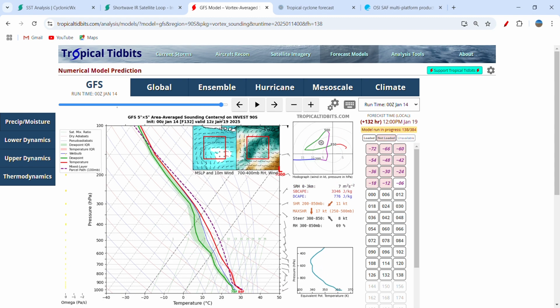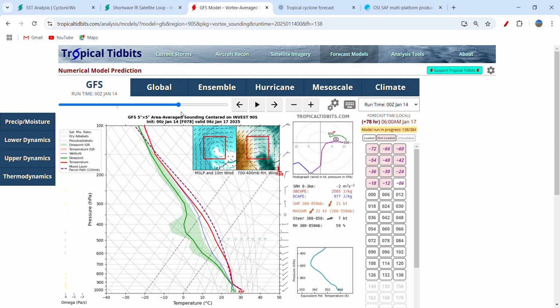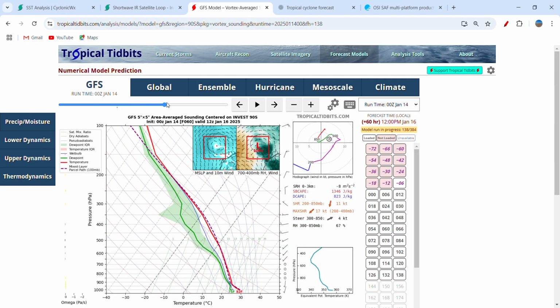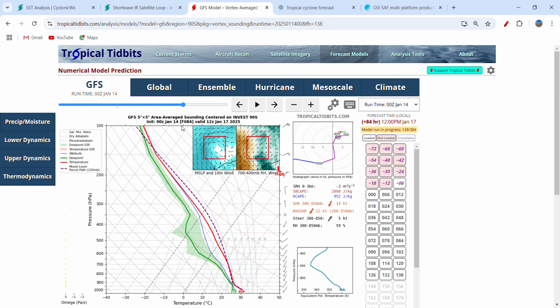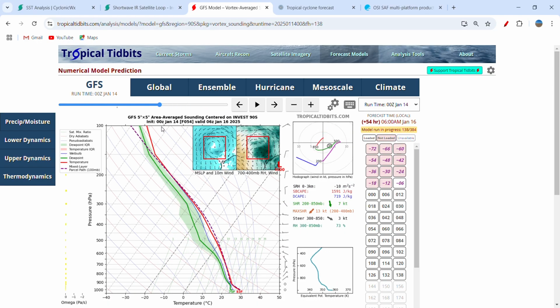We will not be able to get a better view on the other system, at least not on the GFS, because we are not tracking that low. That's a separate low that develops further east along the monsoon trough. We'll have to be looking at the environmental conditions for 90S as it exists on the GFS for now.